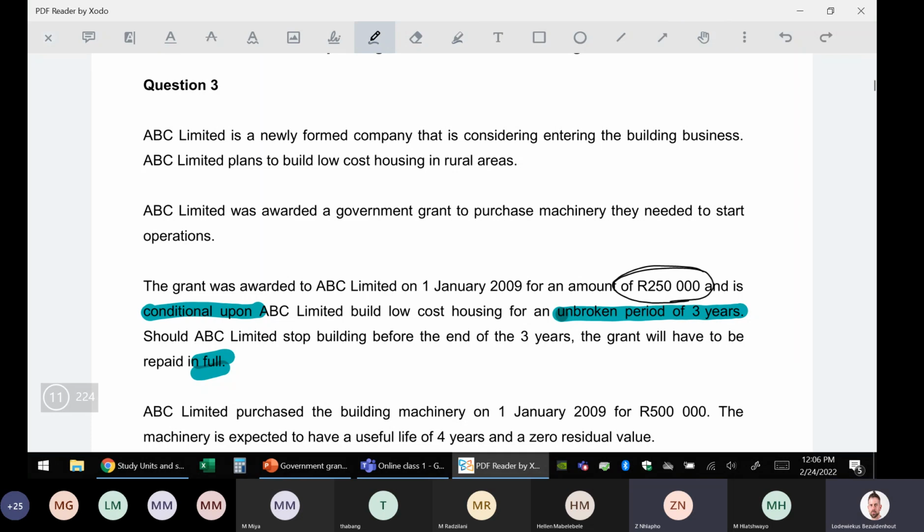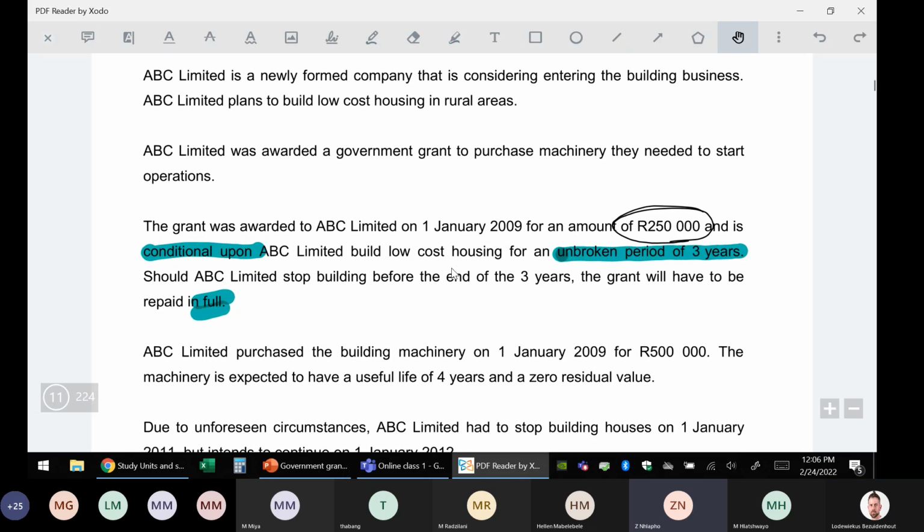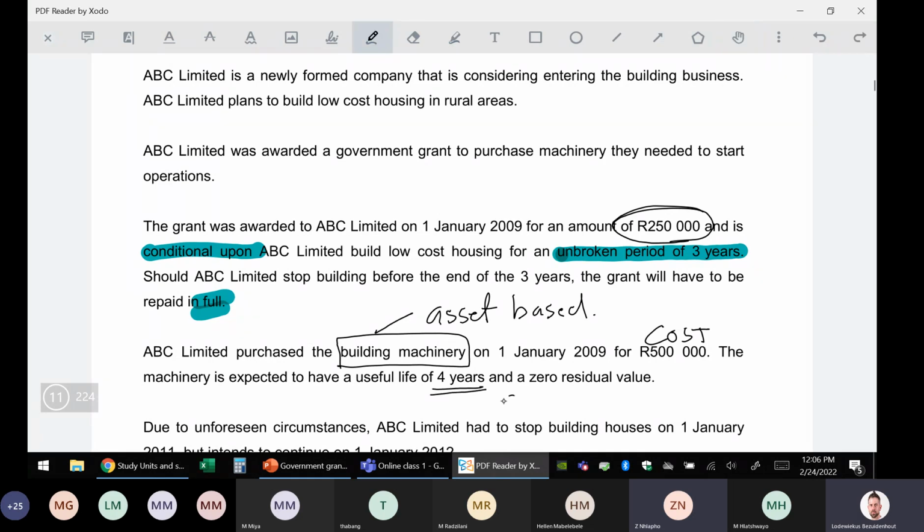we now have to see what we are going to do with the grant. Because we buy a machine, this grant is asset-based. All right, the cost is 500,000 and the machinery is expected to have a useful life of 4 years. So we depreciate over 4 years.